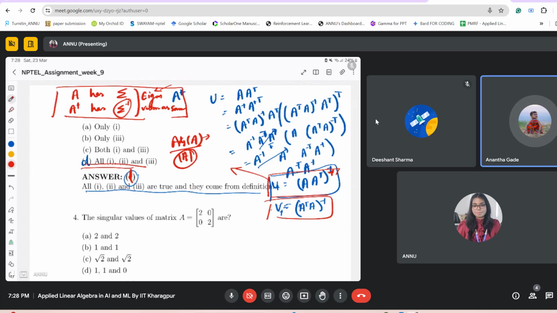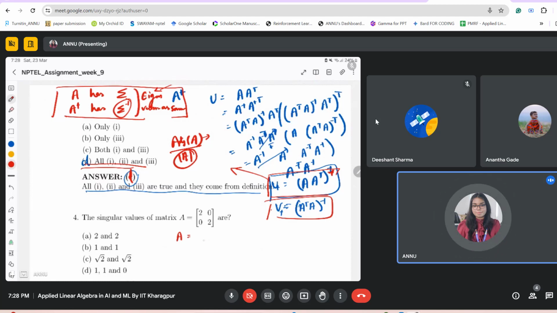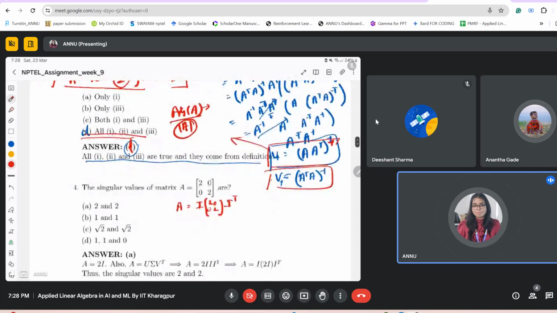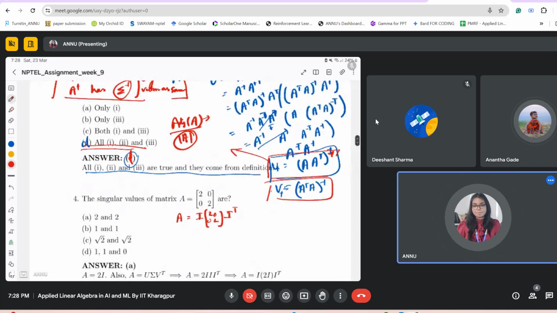Sigma square is equal to lambda. Okay. But you can write A as I transpose, right? The answer is A only, right? Because you can write this I transpose. This I is U. This is V transpose. You don't need to do this under root. So that's why the answer is A.